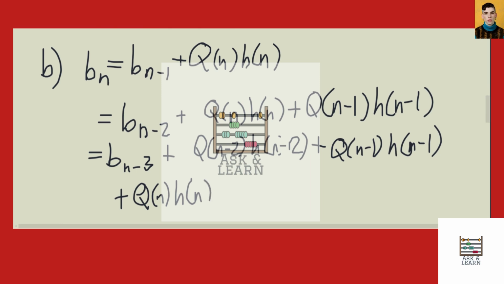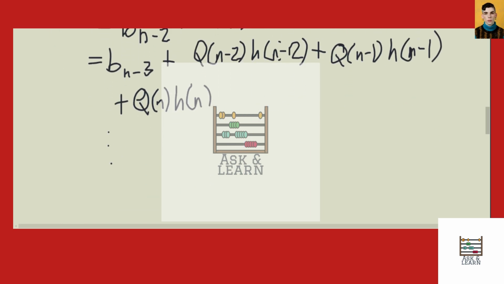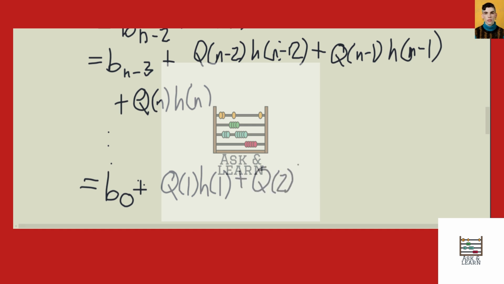And it seems pretty clear that if we continue this, we can go all the way down to B of 0 plus, and then we start at Q of 1 times H of 1 and then add to that Q of 2 times H of 2 and go all the way up to Q of n times H of n.